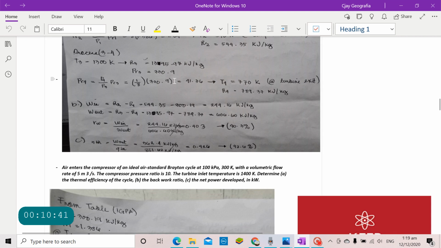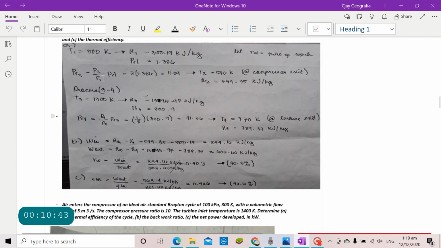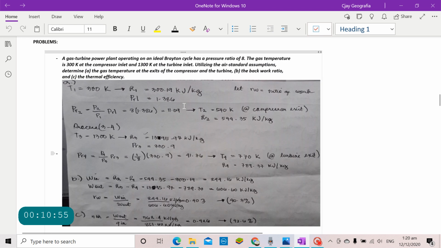So you can solve for the value of PR2. PR2 is equal to P2 over P1 times PR1, which is 8 times 1.386, equal to 11.9. You can then convert this to temperature using the ideal gas properties of air.